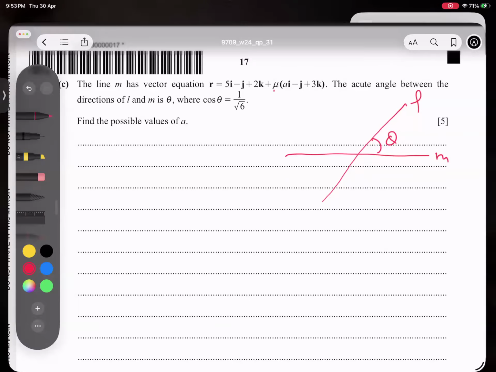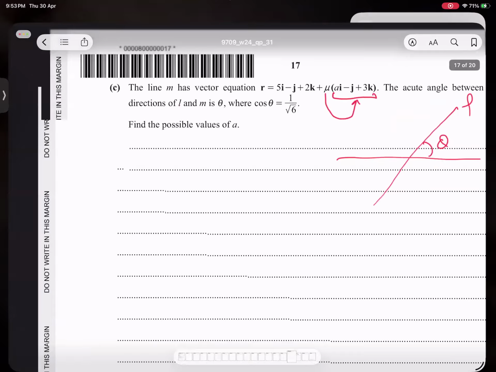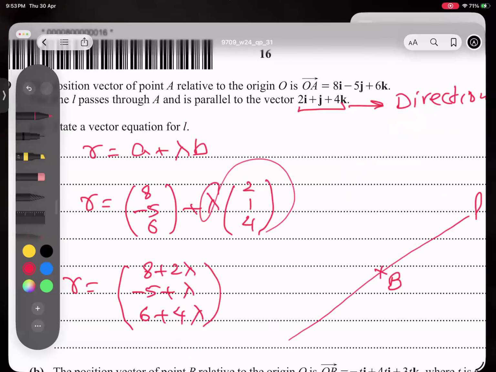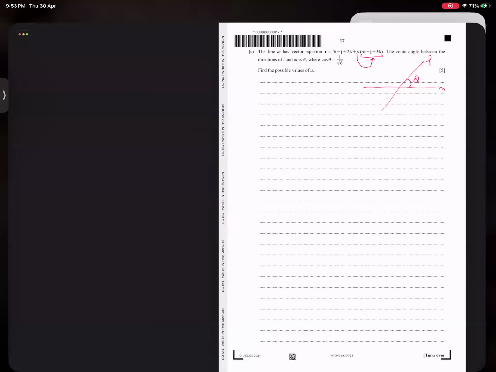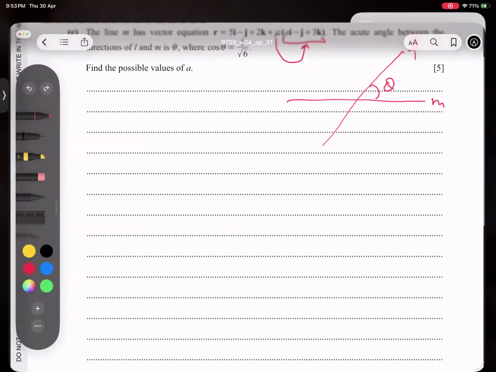What is direction? After lambda or mu is called direction. This is called B1, B2. Okay, from the previous page, I will take the direction as well. And the direction we have here after lambda is this. So 2, 1, 4, I take from here, 2, 1, 4. I call B1 as 2, 1, 4.